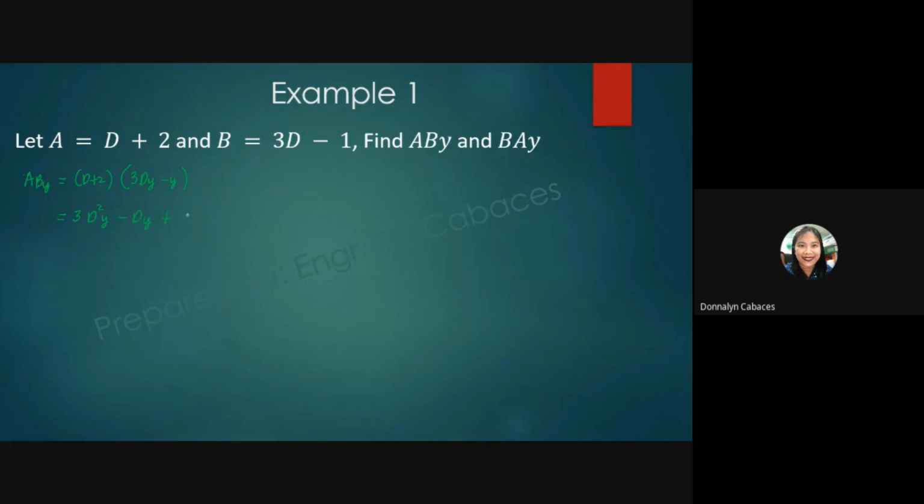Then 2 times 3 derivative of y is 6 derivative of y, minus 2y. Simplifying, you have 3D squared y plus 5Dy minus 2y. That is your ABy. And therefore, your AB is simply 3D squared plus 5D minus 2.